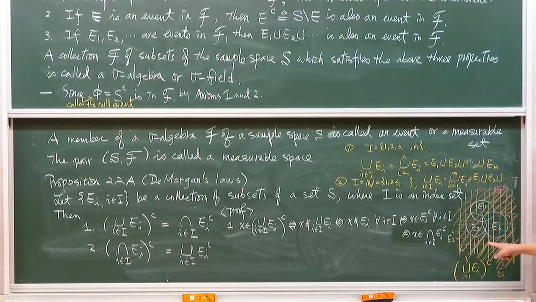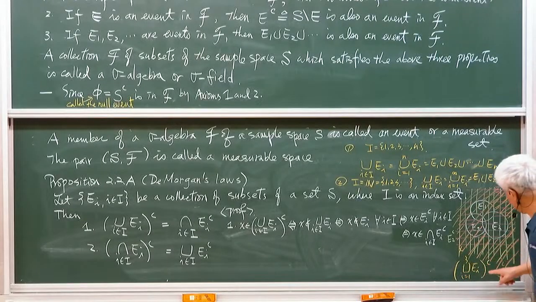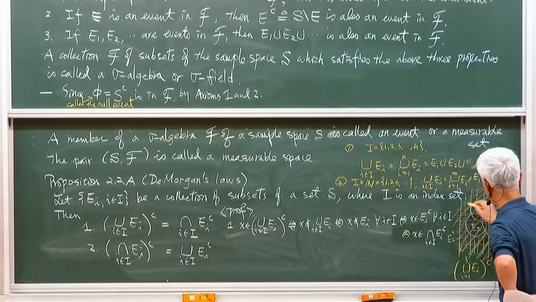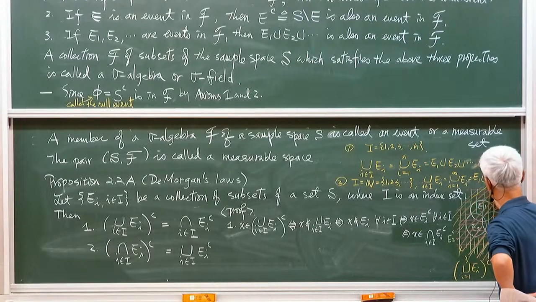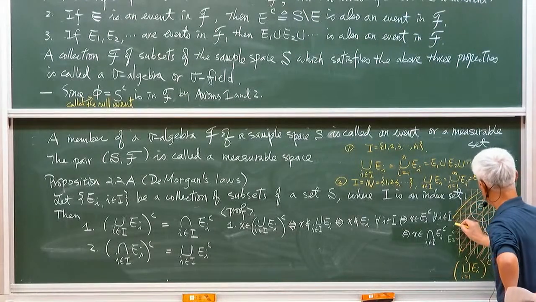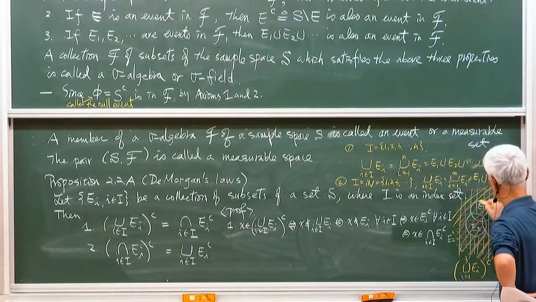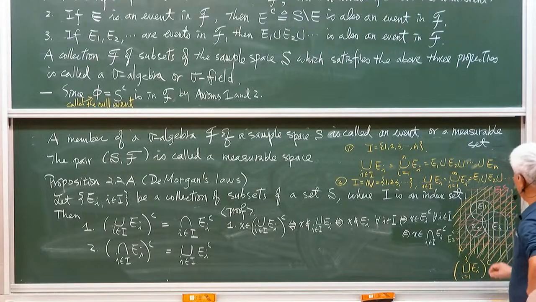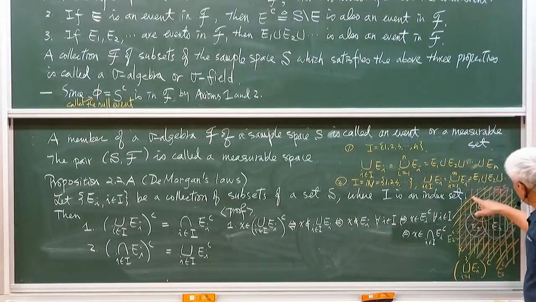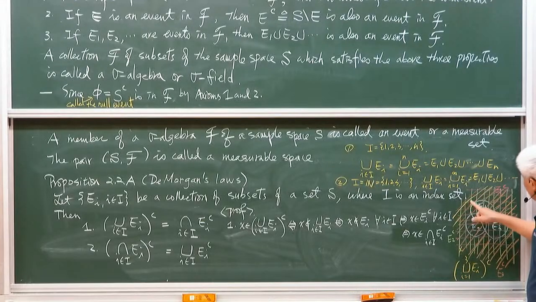And the yellow part will be the intersection of the three colors. Where is yellow? This is the yellow part. So you can see the yellow part is the intersection of the three colors: the red, the green, and the brick.